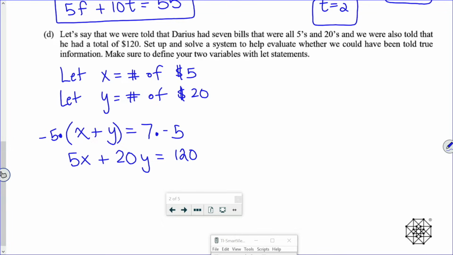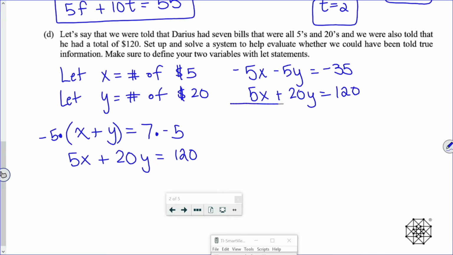That's going to make the first equation -5x minus 5y is equal to -35. The second equation is 5x plus 20y is equal to 120. I'm going to add those together. The -5x and positive 5x cancel. The -5y and the 20y give me positive 15y.